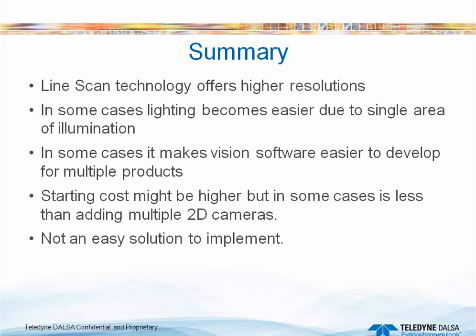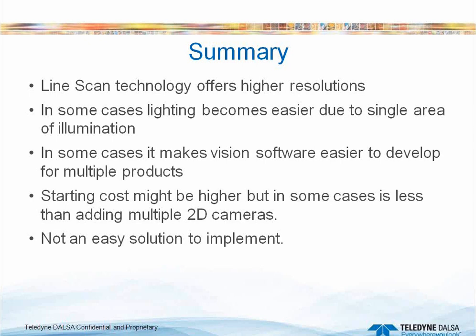In some of the cases, as you saw, it makes the software development easy, especially when you have very repetitive inspections, because there are a lot of the same objects in the product, like we saw in the medical part, or even in the valve spool. You can move tools around and use the same vision tool over and over instead of creating 100 boxes of vision tools.